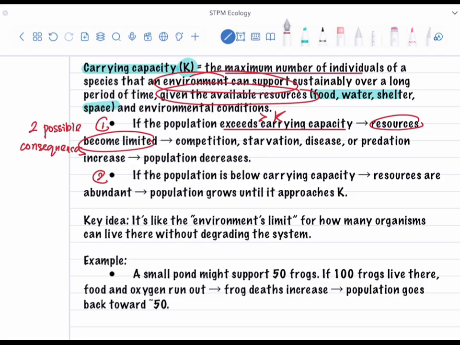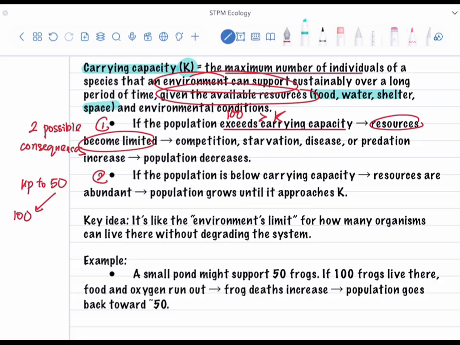This is very logical because, for example, if the environment can only support up to 50 organisms in an area, but now the population has grown to 100, it means that it already exceeds the carrying capacity of the environment. So the resources will become limited because many organisms will compete for food, water, shelter, and even space.